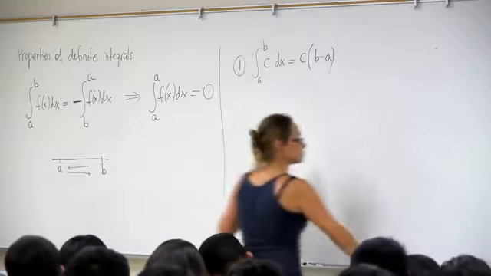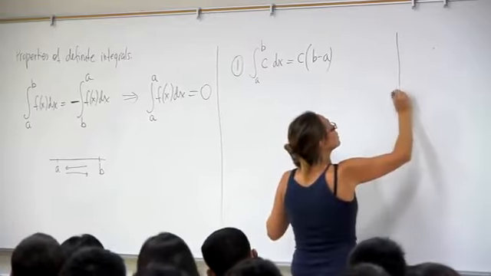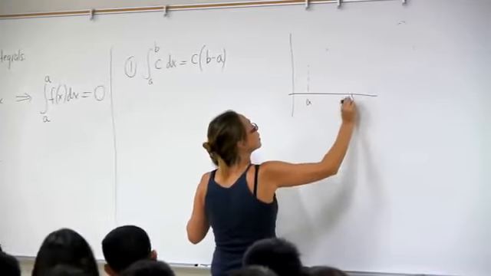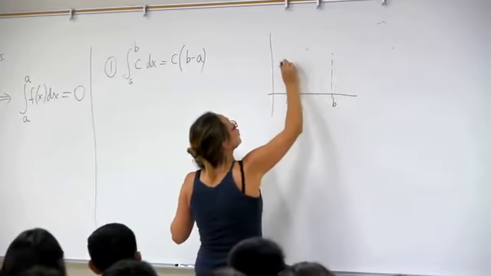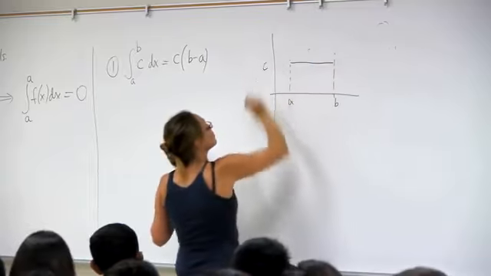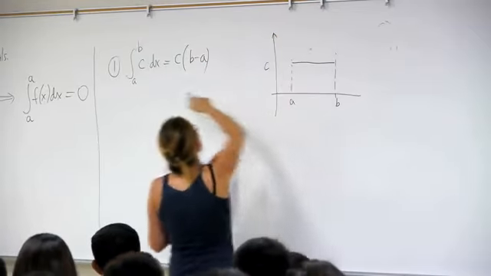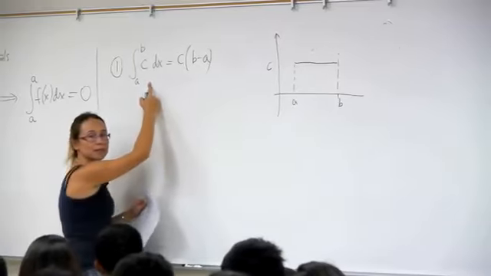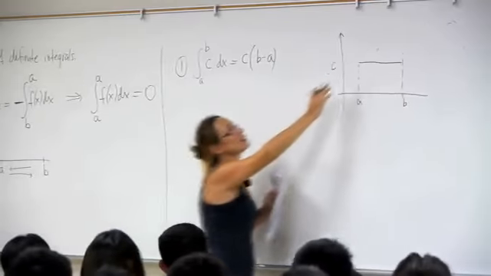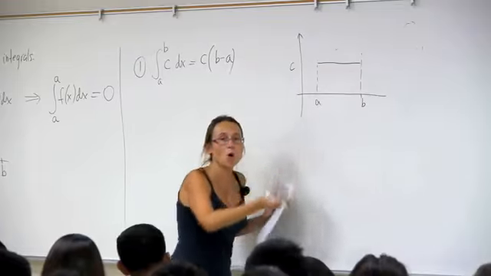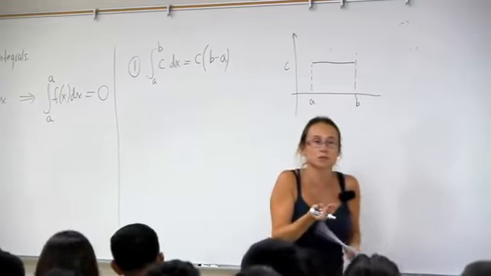And it's equal to this. So let's suppose that my function is a constant c, which can be negative or positive. Okay. So then this object on the left, it's either the area under this curve, if this is a positive constant, or it's the area above that curve with a minus sign.